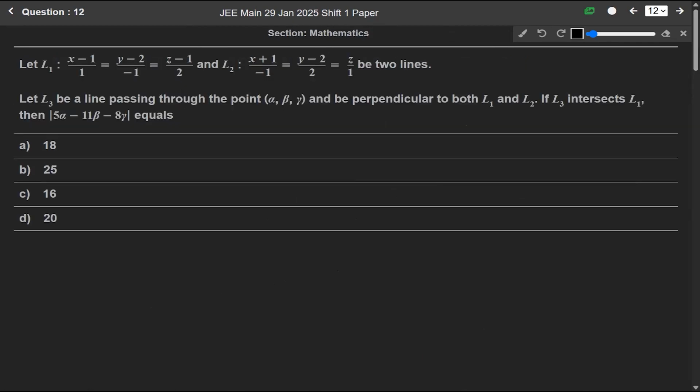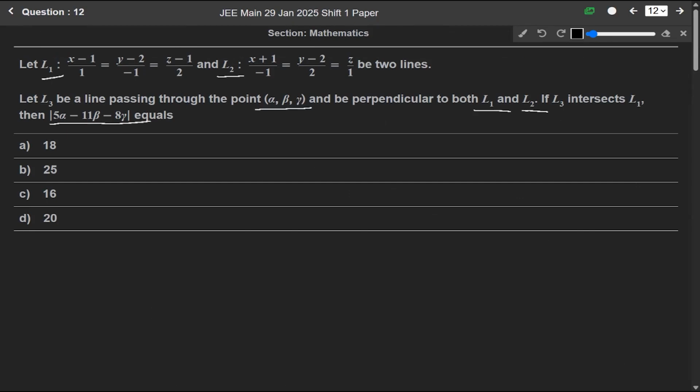Now question 12. We are given two lines L1 and L2. It is saying that let L3 be a line passing through the point alpha, beta, gamma, and it is perpendicular to both L1 and L2. If L3 intersects L1, then we have to find the value of this. So there is a line L3 which passes through alpha, beta, gamma.